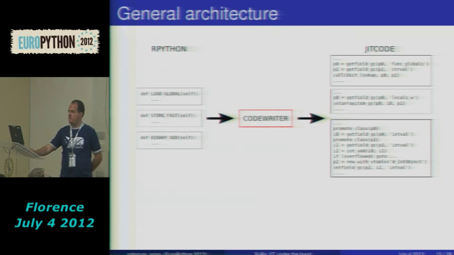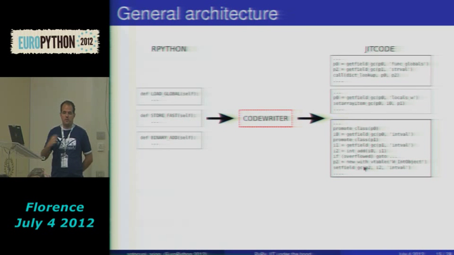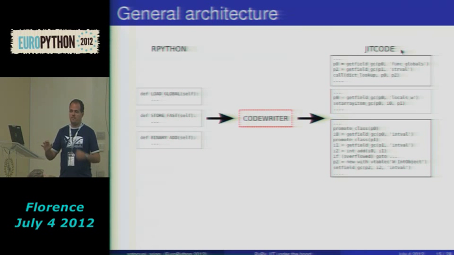This JIT code plays a bit the role of the Java bytecode we saw earlier. So to draw the parallel, this is like if it was Java code, and this is the Java bytecode. Of course, RPython doesn't have bytecode, so we had to invent our own intermediate representation. The operations inside the JIT codes are at the level of C, more or less.